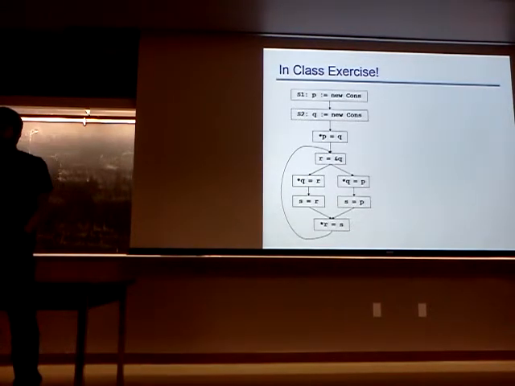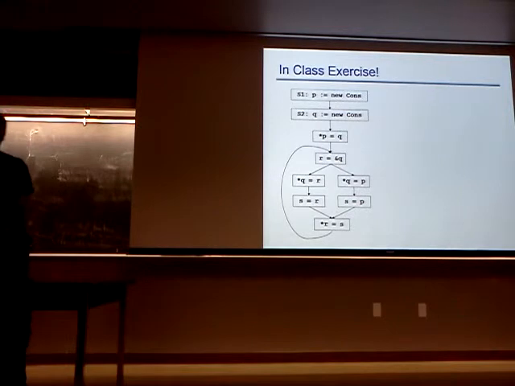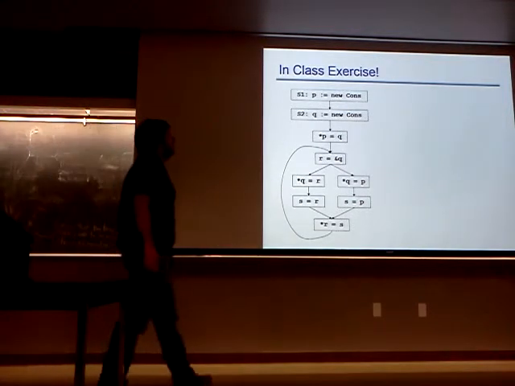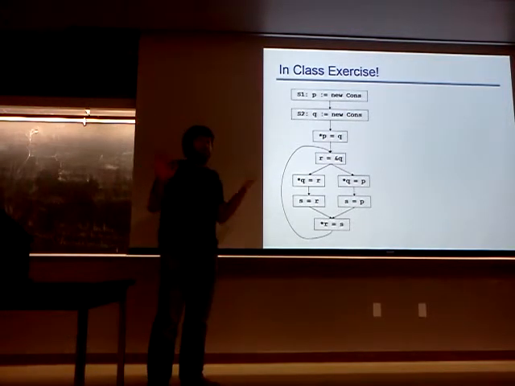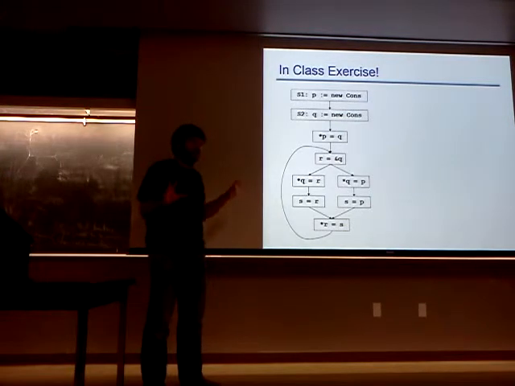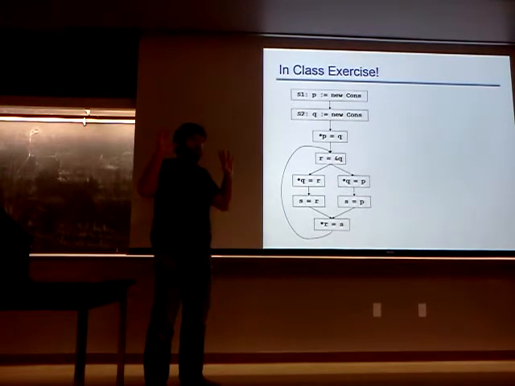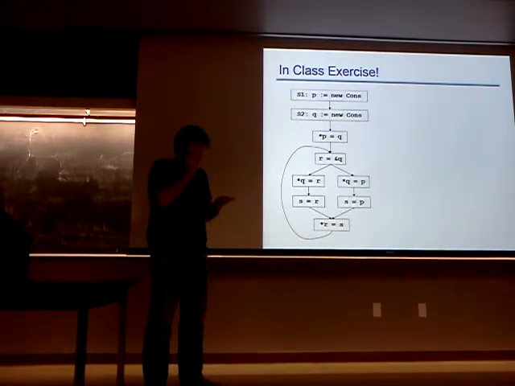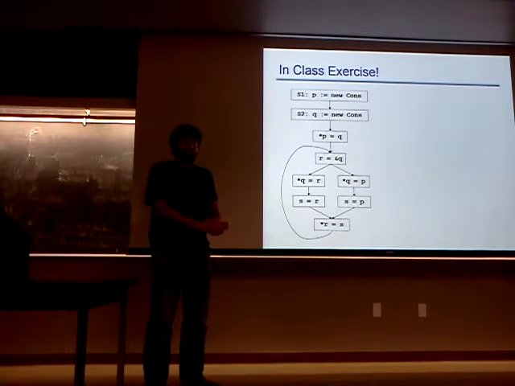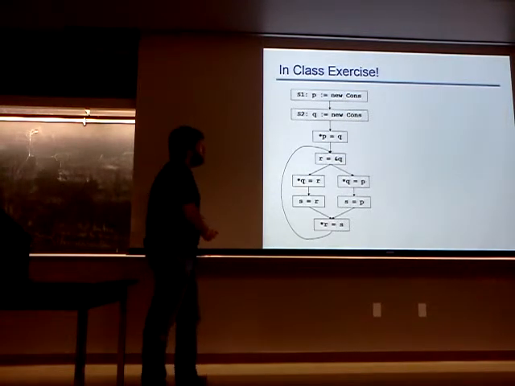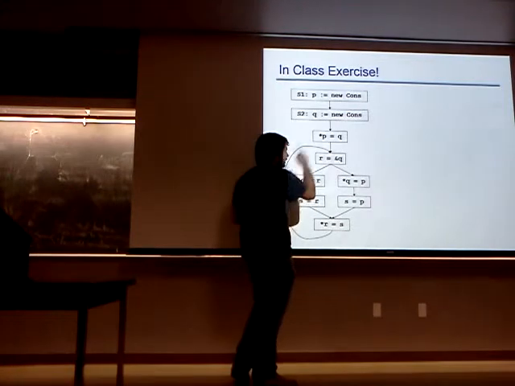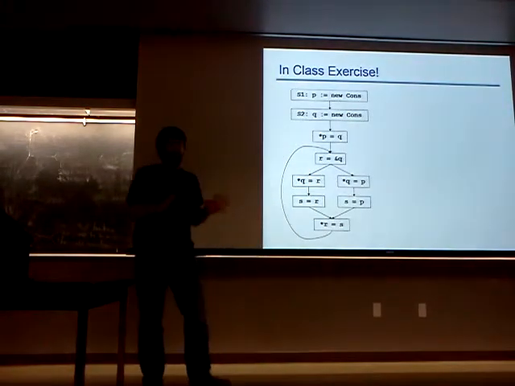Okay, let's try. Why don't you guys try to do Andersen on this thing? So Andersen, let me just clarify, is this analysis that we just saw where it's flow insensitive, and you have to keep on iterating until you don't add any more information. Right?